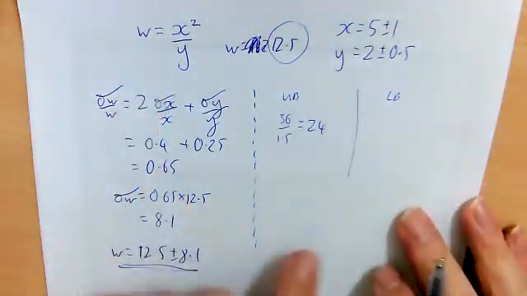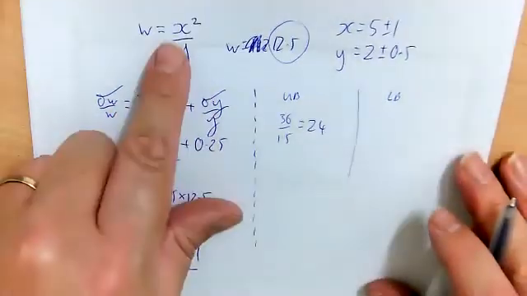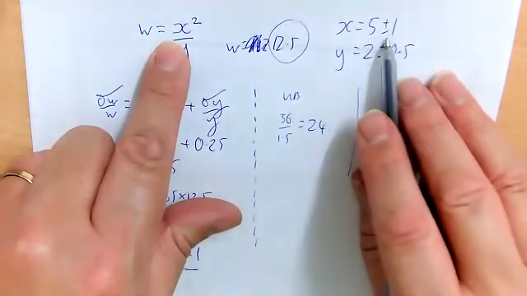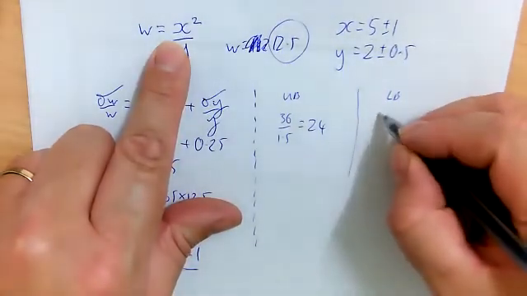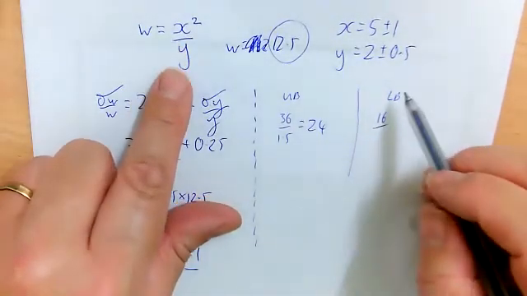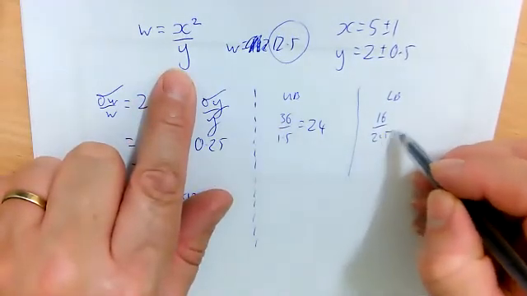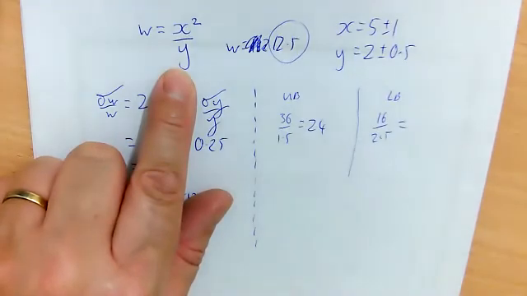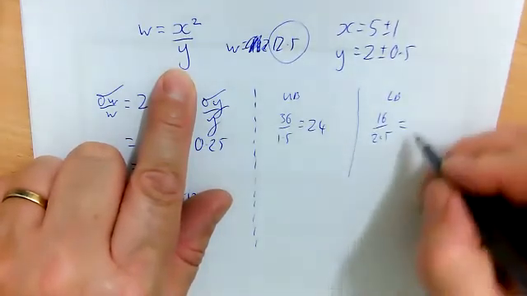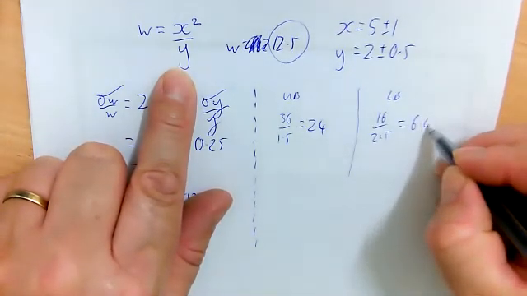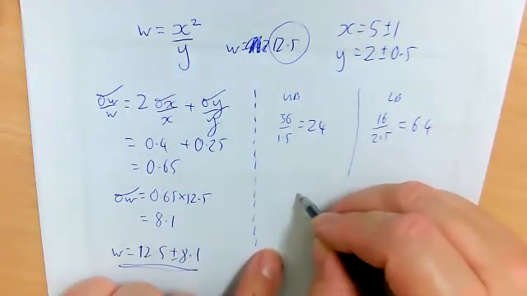That's the upper bound. And the lower bound uses the lowest value that X could be. That's 5 plus or minus 1, so that's 4. 4 squared is 16, divided by the highest value that Y could be, which would be 2.5, which is 6.4.